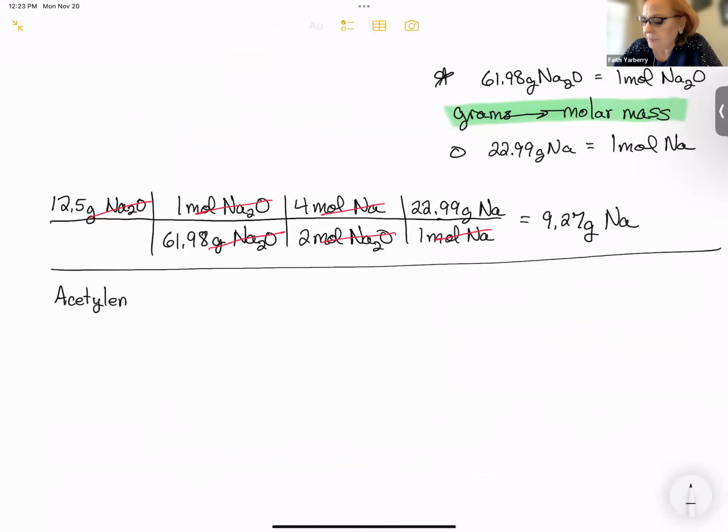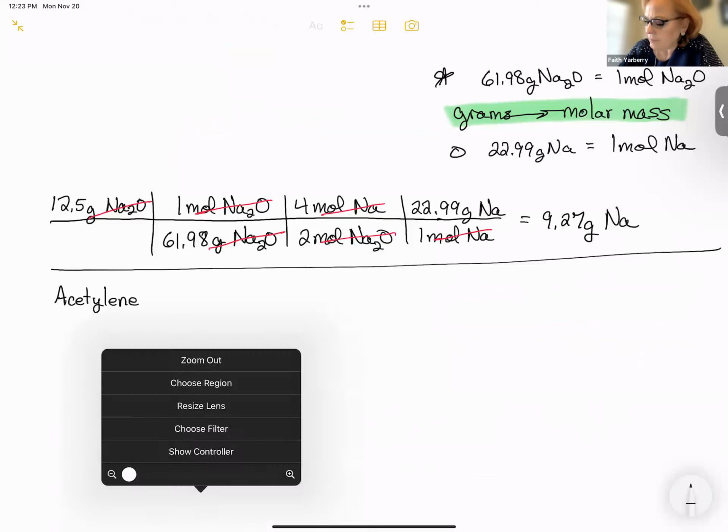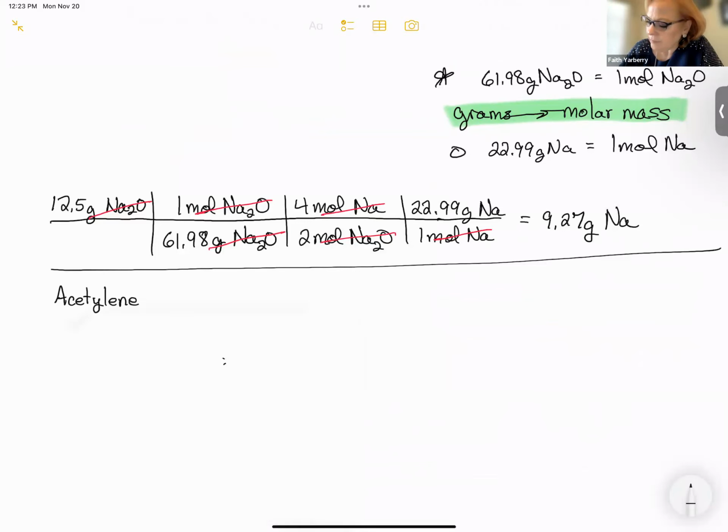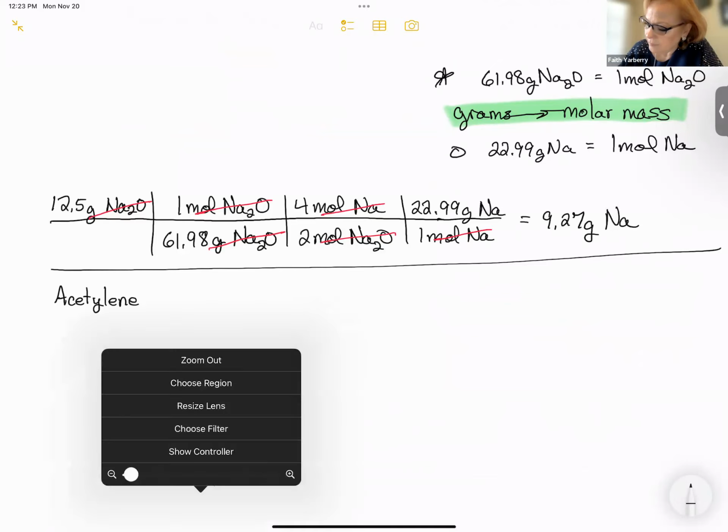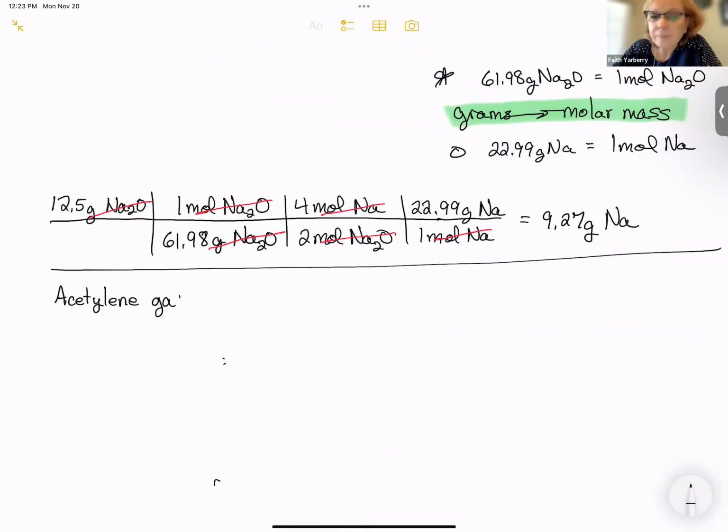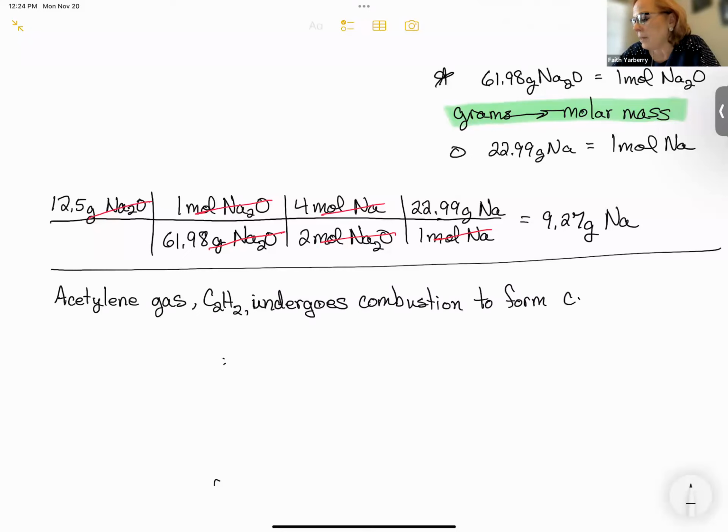Acetylene gas, which is C2H2, undergoes combustion to form carbon dioxide and water.